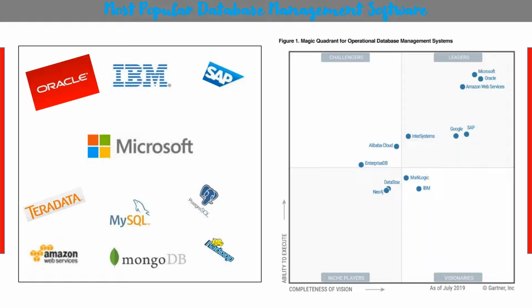Microsoft is the leading database management system throughout the globe. That is one reason to be good at Microsoft products. Next is Oracle, then Amazon Web Services, then SAP, then Google, and Alibaba Cloud keeps growing. Somewhere it is sitting, but this is the one thing why you should prefer Microsoft products.